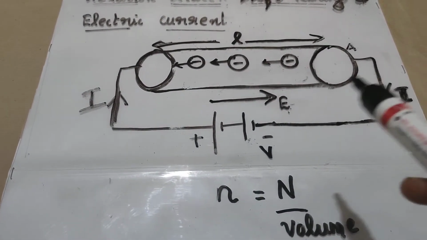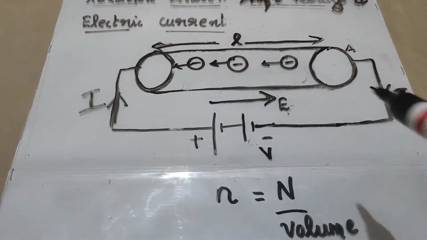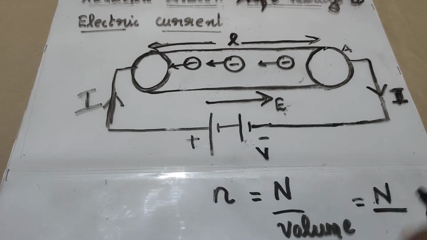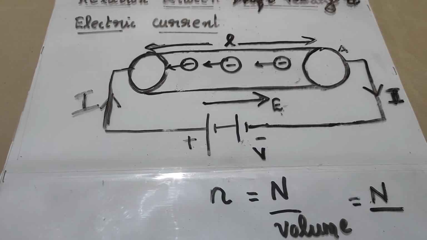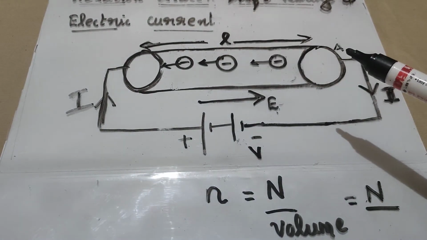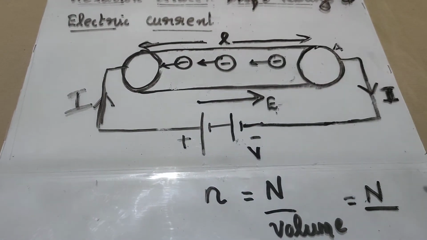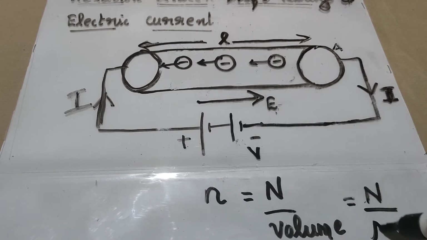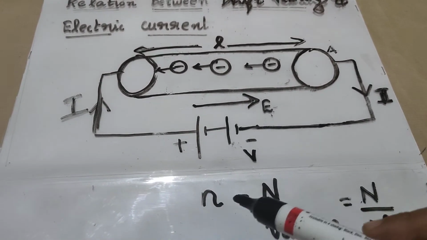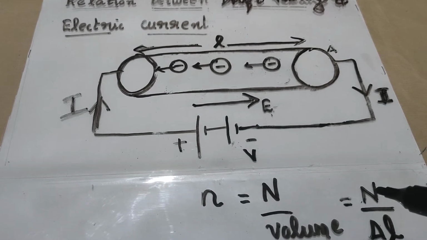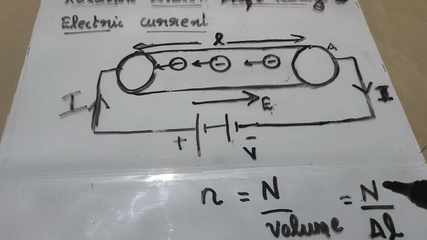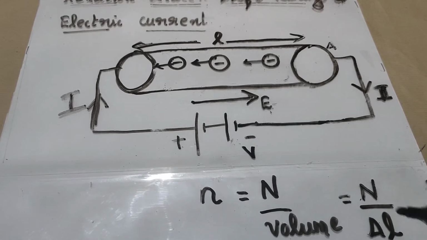And we know this conductor is a cylindrical conductor. How will you find the volume of a cylinder? It is equal to area into length of the cylinder, so it is A into L. So electron density n is equal to total number of electrons by volume, that is, capital N by AL.